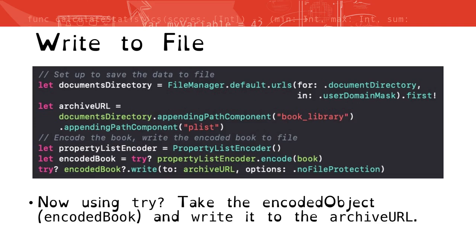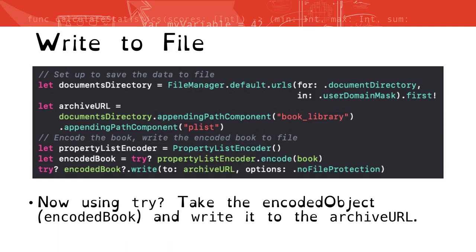So then we have to actually encode the book into that property list or plist format before we can put it into the file. So we go back to that property list encoder and use that to encode our book structure into a format which we can save into the file. We then have our try question mark keyword there that we use because of the type of function .encode is. We call .encode to convert it into that serializable format that we can save into a file.